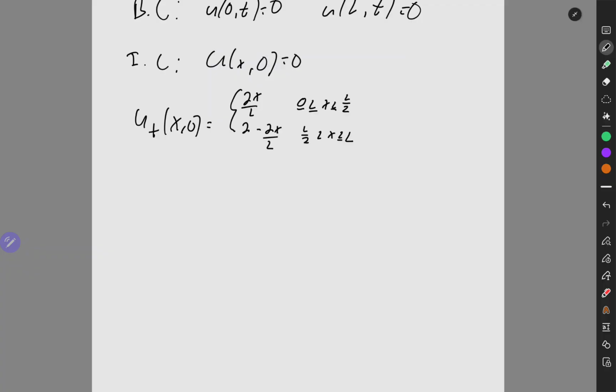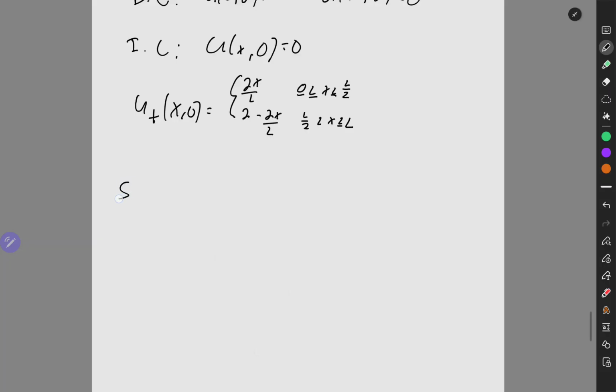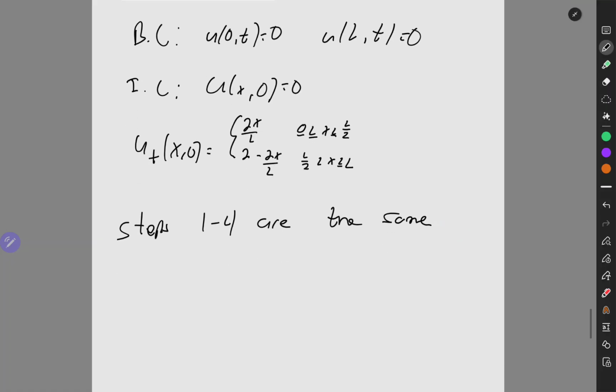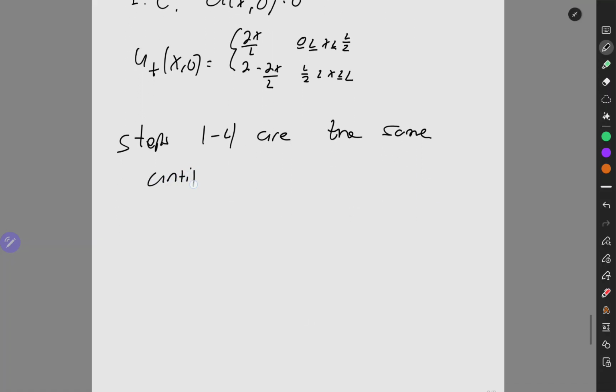Steps 1 through 4 are exactly the same, because the boundary value problem doesn't depend on the initial conditions until step 5, with the change in initial conditions.